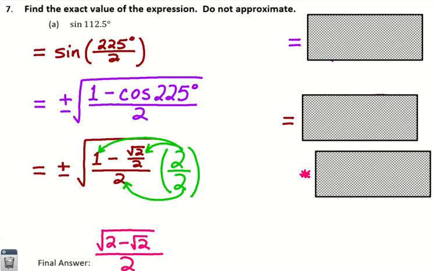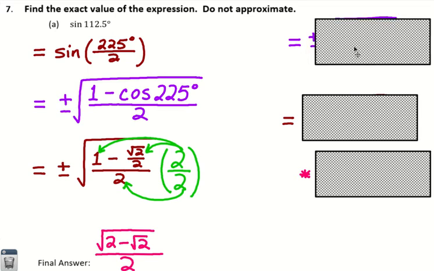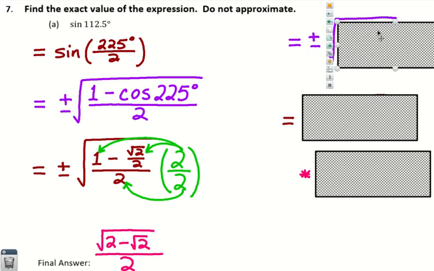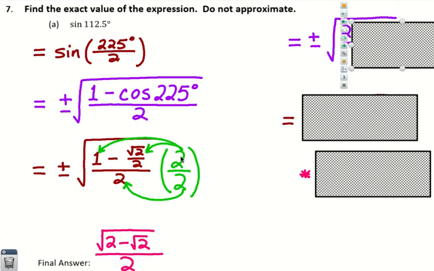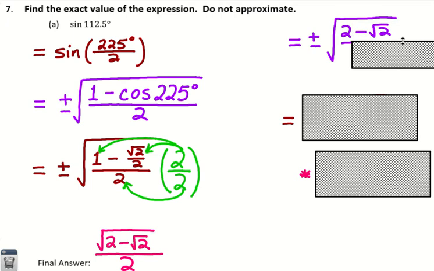So on top, 2 times 1 is 2. And when I multiply 2 to this fraction, this 2 cancels with that 2, and you're just left with root 2. So bottom line, root 2 over 2 times 2 is just root 2. And on the bottom, 2 times 2 is 4.